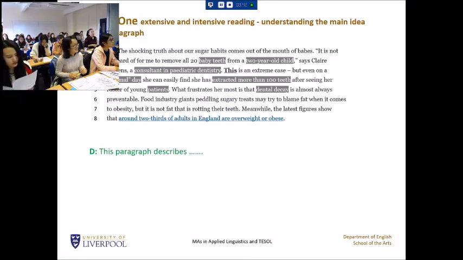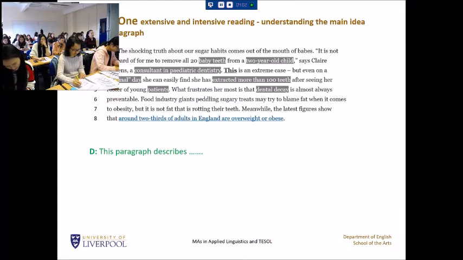Says, tells, those are rather empty. Any more? Claims, indicates, suggests, advises, complains, any of those. So this one I've chosen is describes. Describes what? What's this paragraph then describing? Tell me.